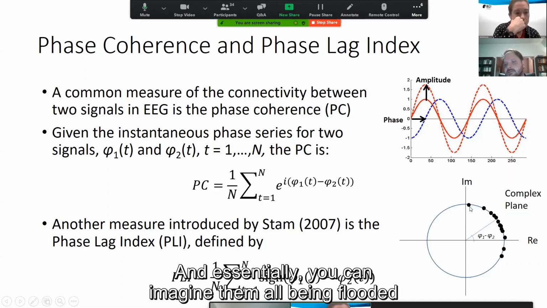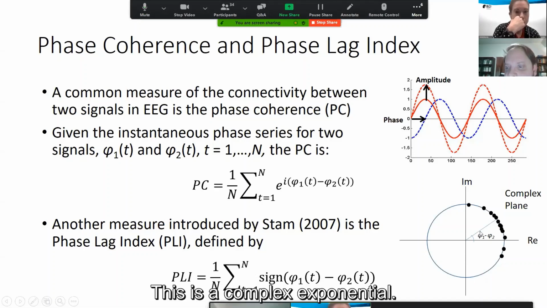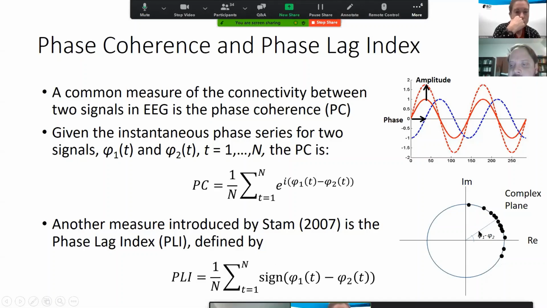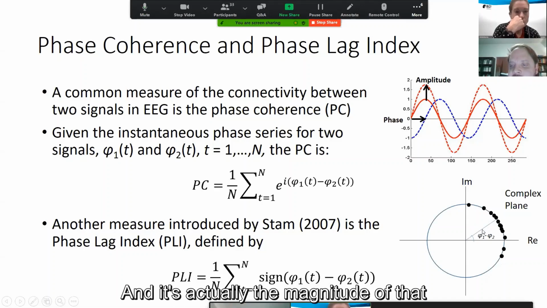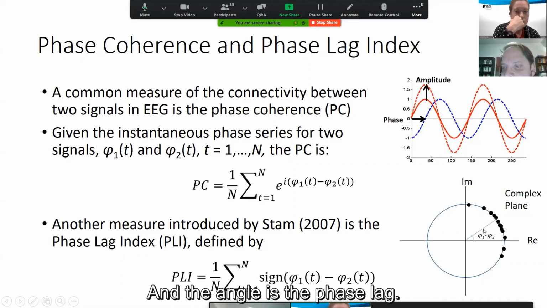And essentially, you can imagine them all being plotted on this circle. So this is a complex exponential. And then the phase coherence is the average. So it's going to be some value here, and the magnitude of that is the phase coherence, and the angle is the phase lag.